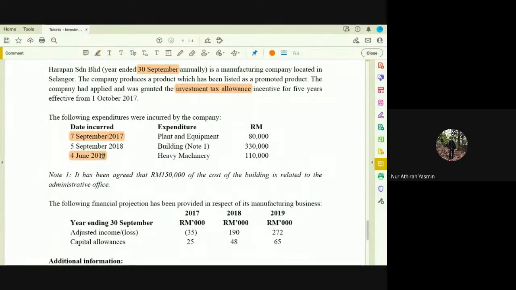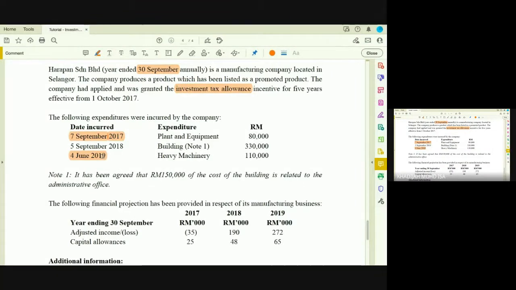YA 2019. And remember that for ITA, it only qualifies for plant and equipment, building and heavy machinery. But for the building, you have 330,000, but 150 is the cost of the building related to admin. What is the percentage of 150 over 330?